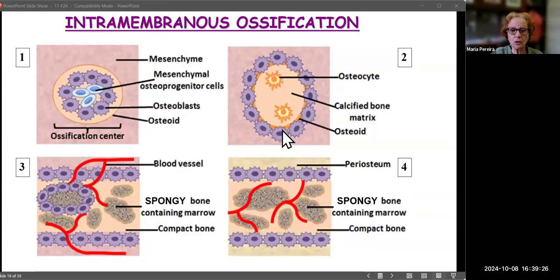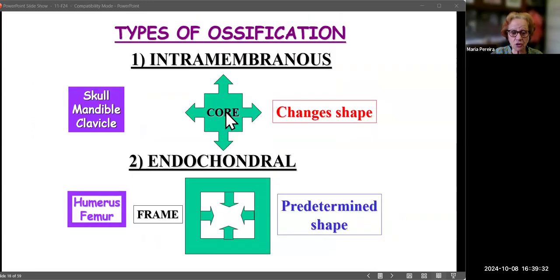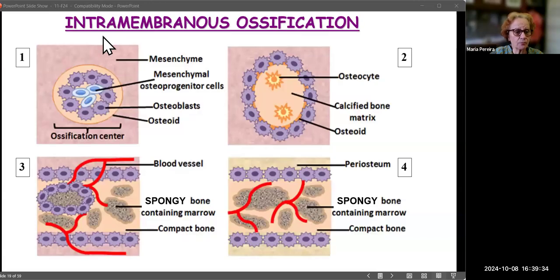Okay, let's look in more detail at the intramembranous ossification, the one that starts with the core. The first thing you see here are the mesenchymal cells, which are the progenitors to the osteoprogenitor cells. This is known as an ossification center, and it starts within a layer of mesenchyma.